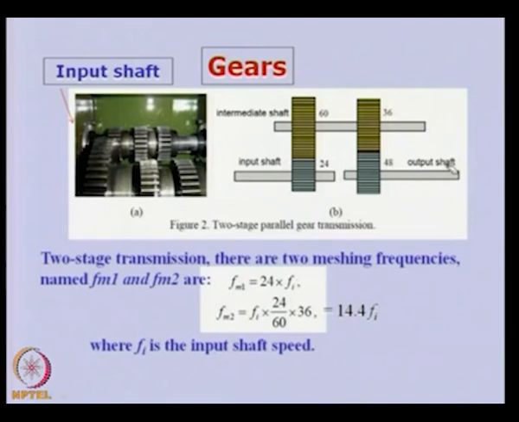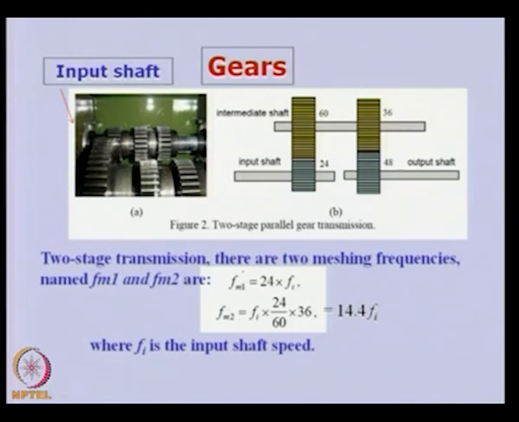So this is the output shaft. Now in a two stage transmission, there are two meshing frequencies, because one is between these two gears and another between these two gears, and these are named FM1 and FM2, and you can calculate this.